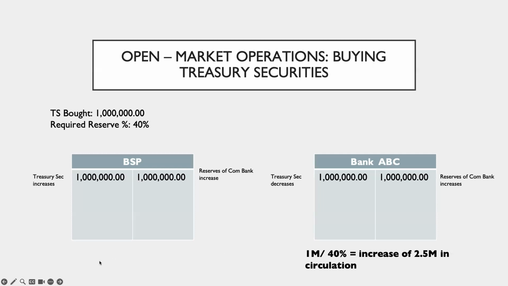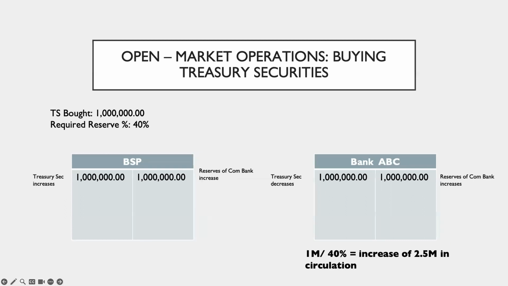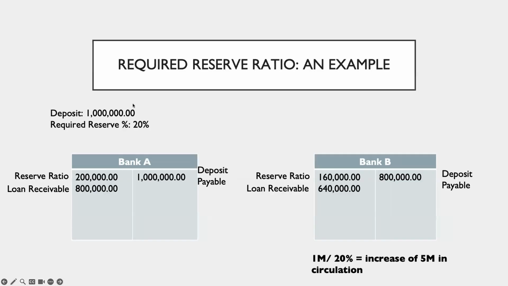All right, so here is a demonstration of what we mean by controlling the economic activity or the consumer spending by changing the required reserve ratio. In the previous example, we have a required reserve ratio of 20%.